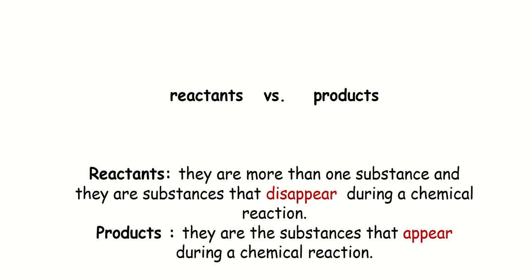They are finished, okay? Products are the opposite of the reactants. They are the substances that will be formed during a chemical reaction. They were not there from the beginning, and they appear at the end. So this is the definition for both.